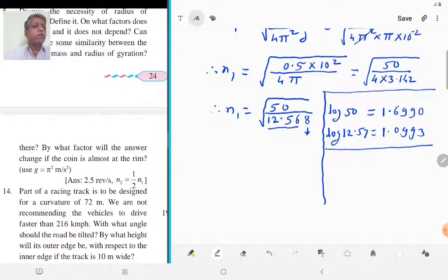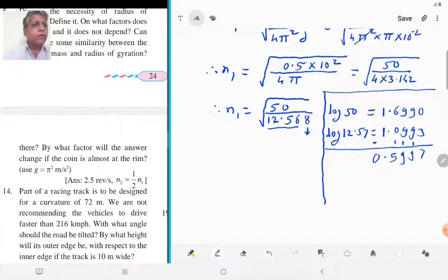Now here it is a quotient, therefore we take the difference of these two logs. 0 minus 3, that is 10 minus 3, 7, carry 1; 9 minus 10, that is 19 minus 10, 9, carry 1; 19 minus 10 is 9, again carry; 6 minus 1 is 5; 1 minus 1 is 0. Therefore this is 0.5997.